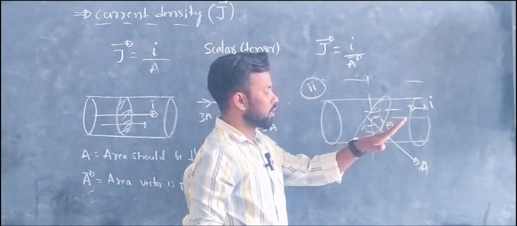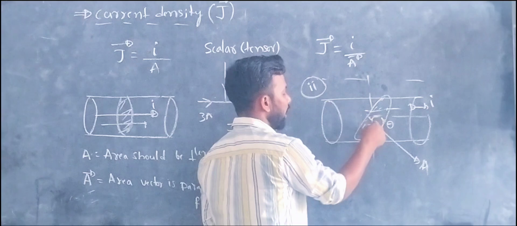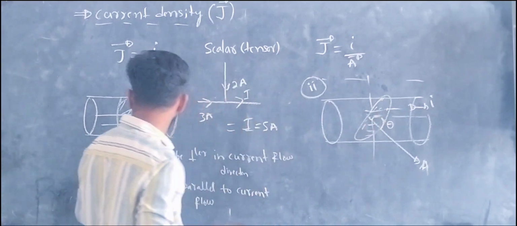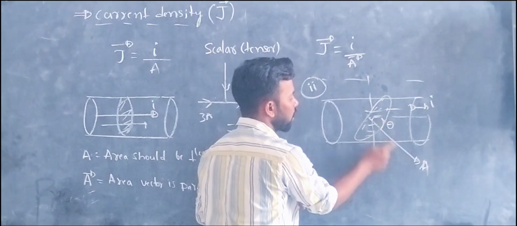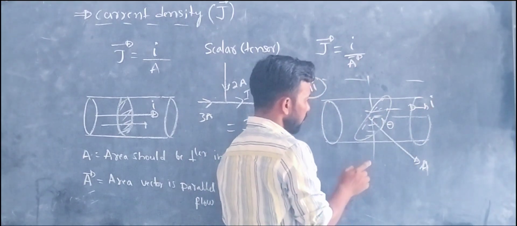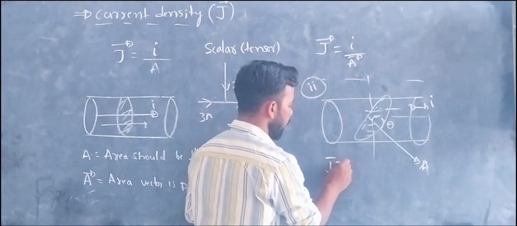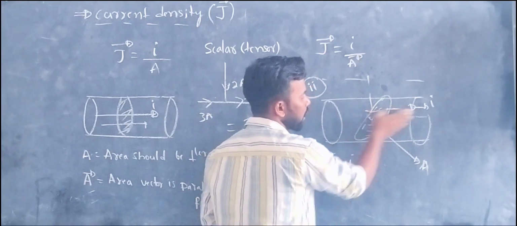Now let the surface be this way. According to the definition, the area should be perpendicular to the current flow direction. So taking the area vector, J is equal to I by area in the direction of current flow.